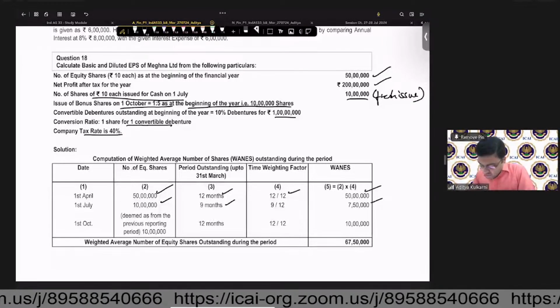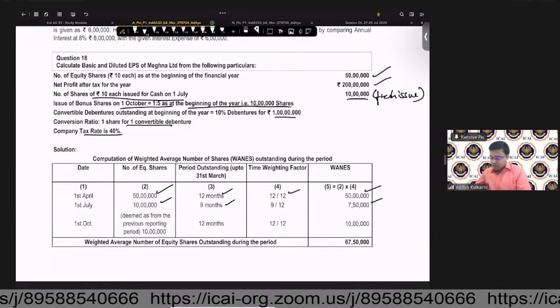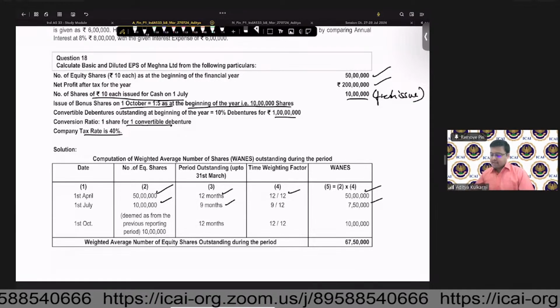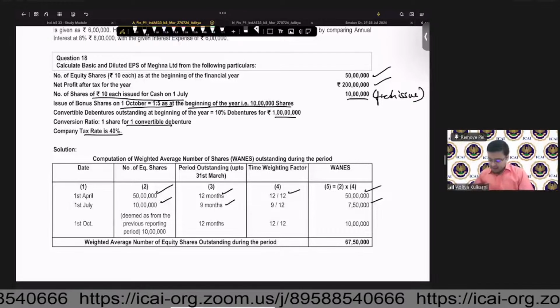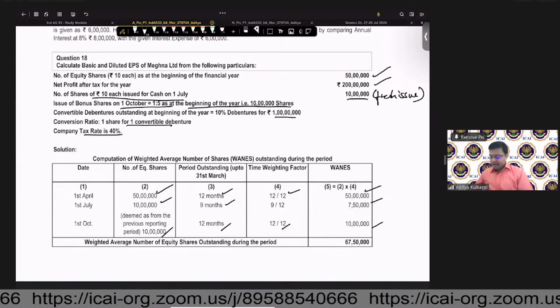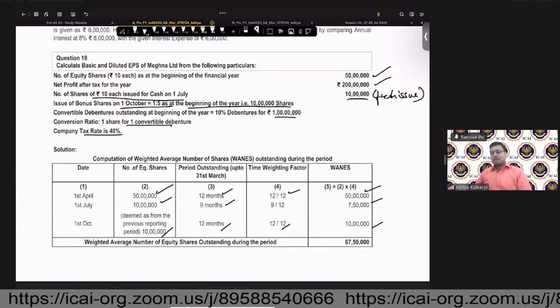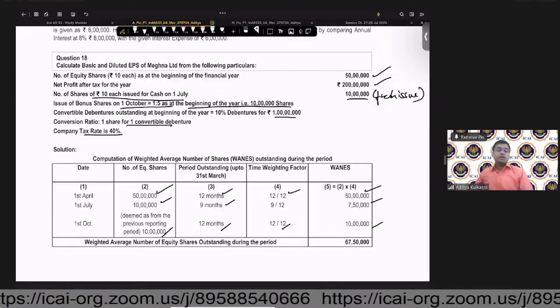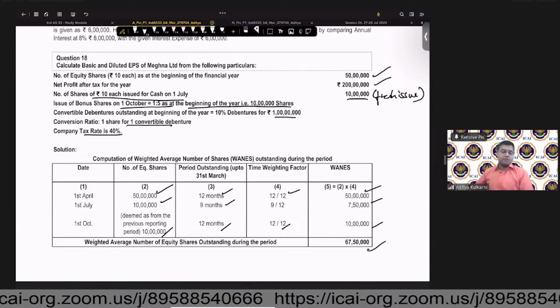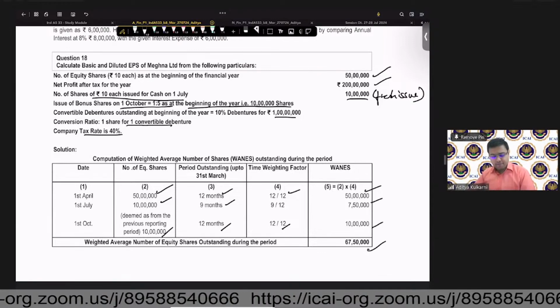Then I come to bonus shares. The issue of bonus shares as at the beginning of the year is 10 lakhs, deemed to be there for the entire period. So 67 lakh 50,000 is the weighted average number of equity shares that you will consider for the calculation. Is it okay? Yes.